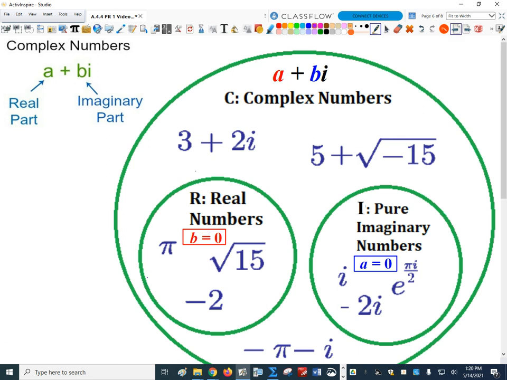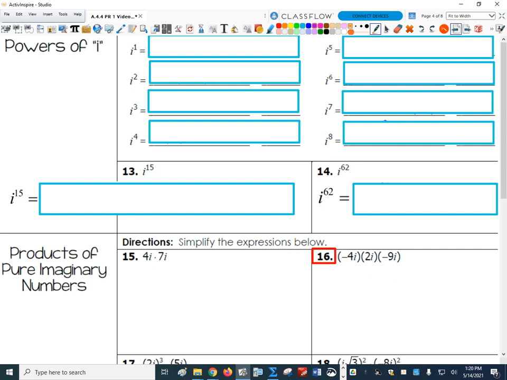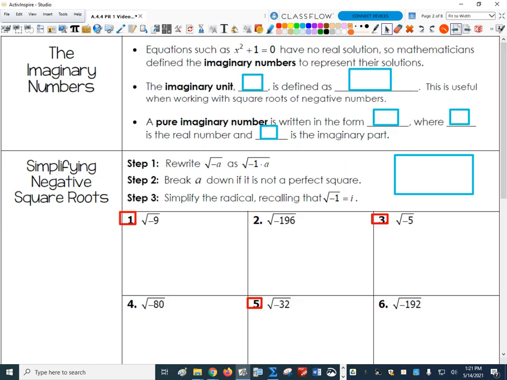The pure imaginary numbers that we had been dealing with last time we met, on this page where we were calculating, all these answers that we got when we multiplied these things out, we had some other answers over here where we were simplifying these. For example, this one gave us the square root of 5 times i, right?